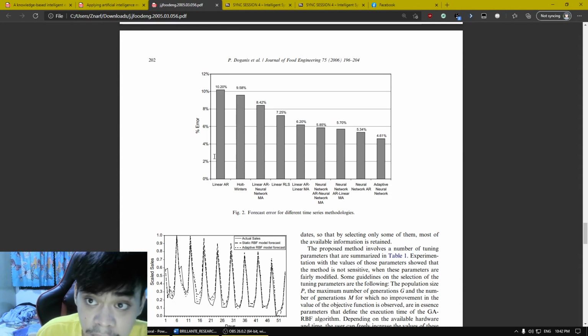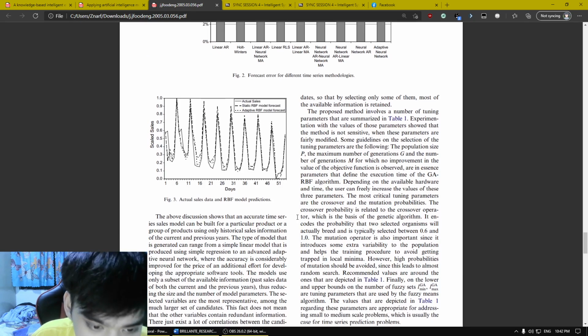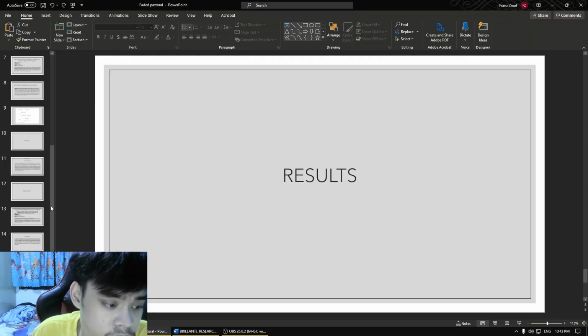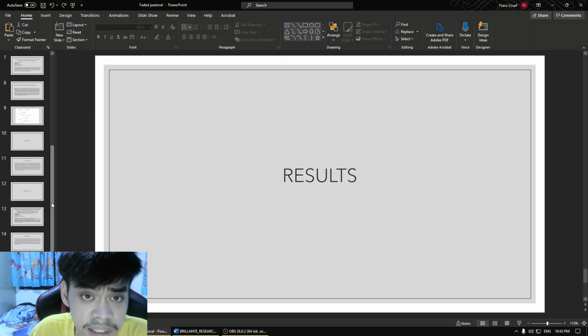Each variable here, like the linear AR and the Holt Winters, are the methodologies for different time series. And the third graph of this study is the actual sales data and the RBF model predictions within the system. These are the results.